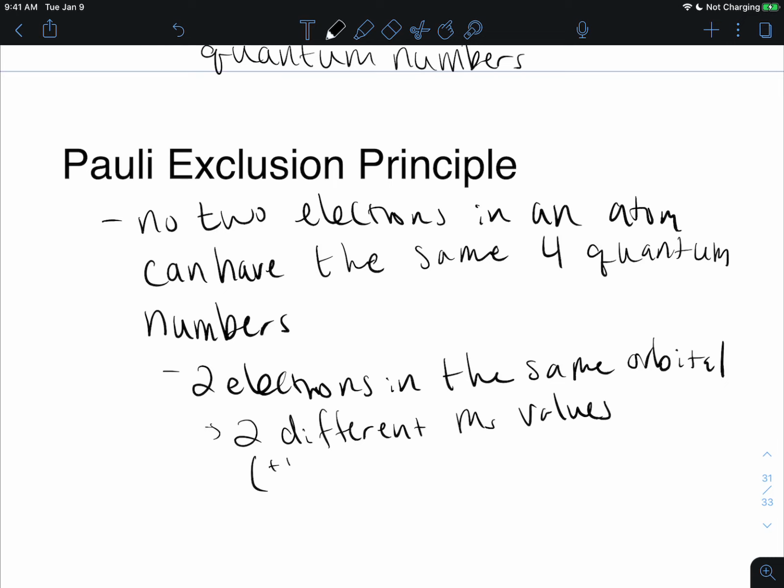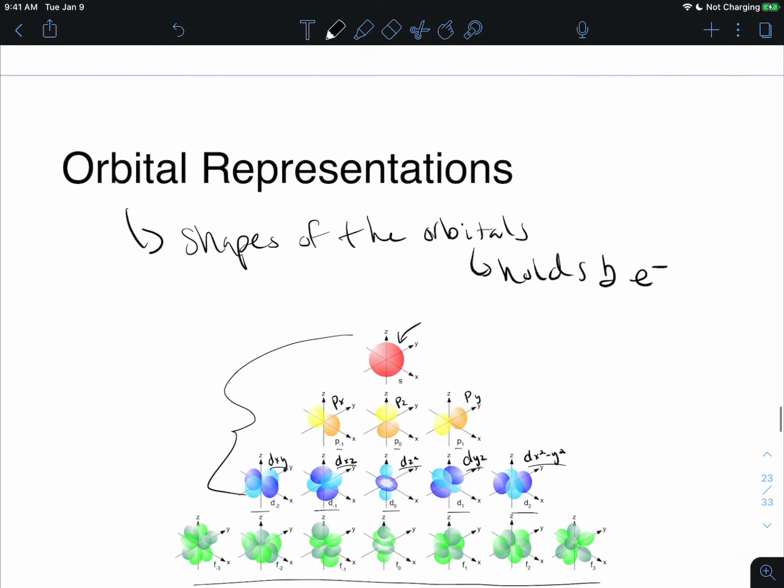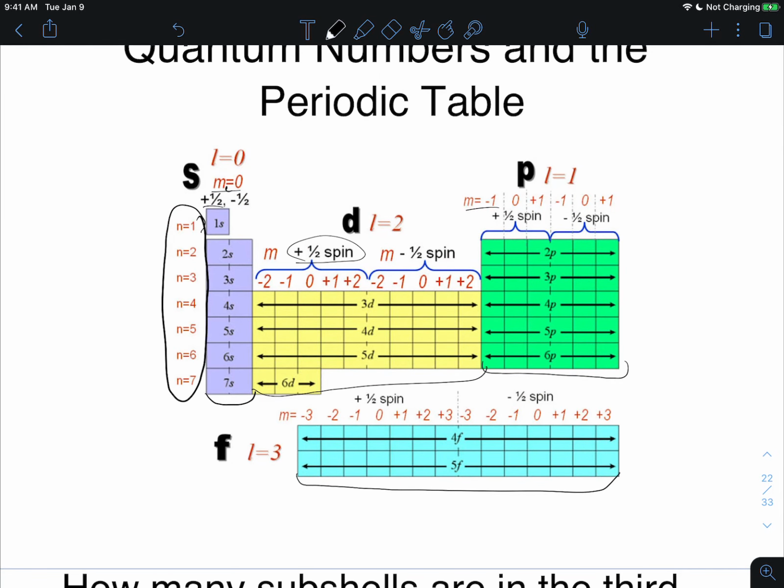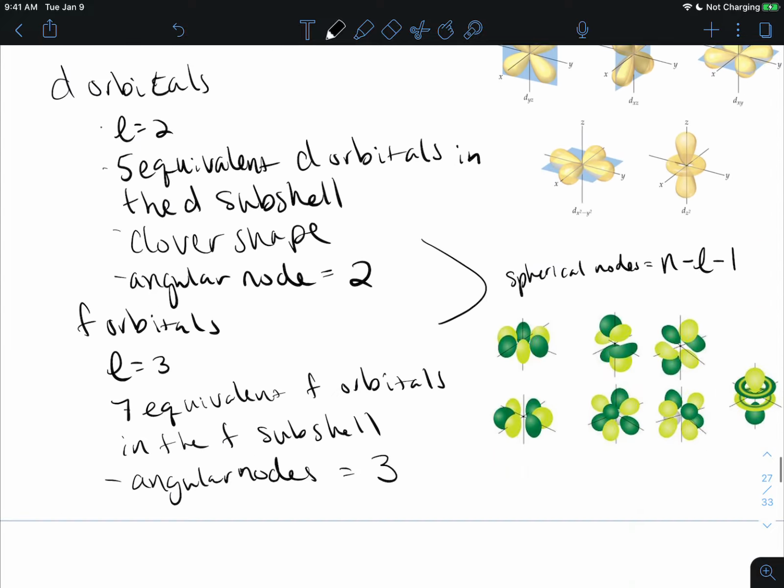So one will be positive 1/2, the other negative 1/2. Okay, so one will be spin up in an orbital, the other one will be spin down in an orbital. And we can go back to this, and we could see our positive 1/2 and negative 1/2 are spin values for our different electrons. So for any atom within here, we can describe every single electron within that atom by its own set of 4 quantum numbers. Let's try.